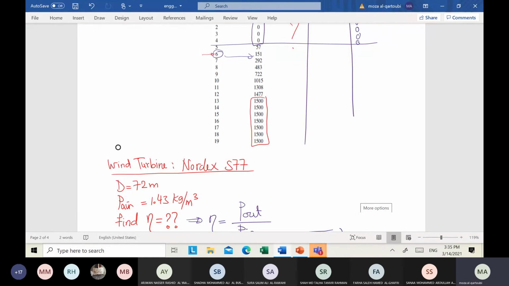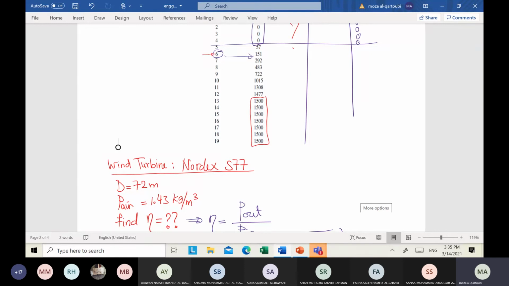No, because Pn is not equal, it depends on V. So we have V equal 13, so we'll use 13 cubed, then 14 cubed, and so on. So the value of Pn will be different.